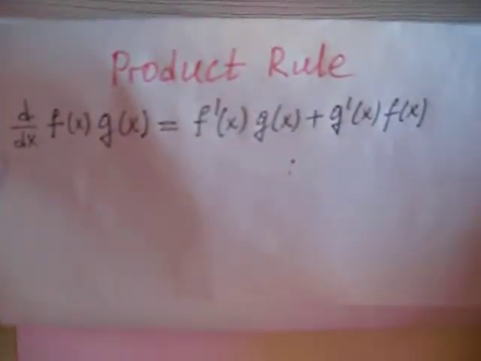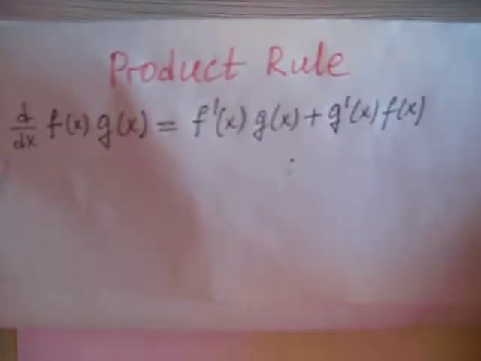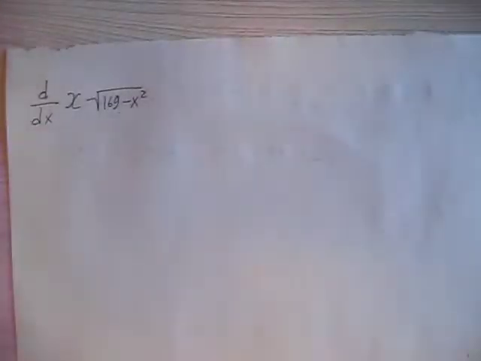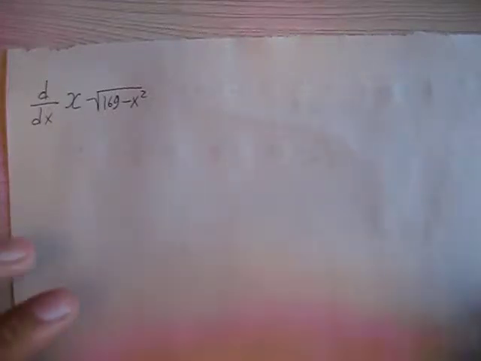And here is the formula for the product rule. d/dx of f(x) times g(x) equals the derivative of f(x) times g(x) plus the derivative of g(x) times f(x). Okay, we will use this formula. But first of all, always rewrite square roots or any kind of roots as powers, so that will make it easier to find the derivative.